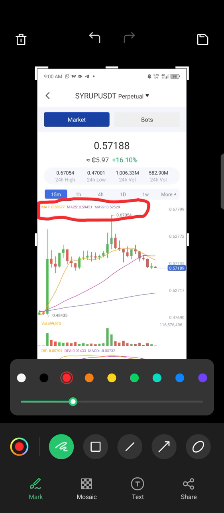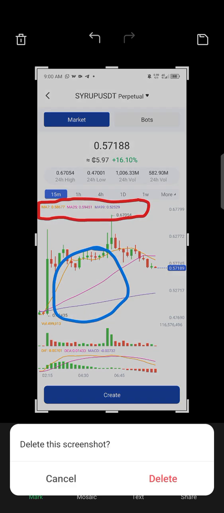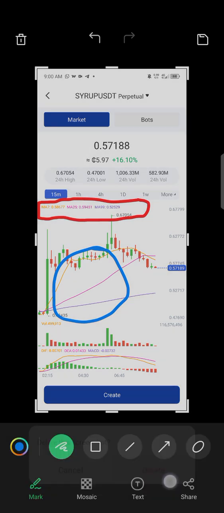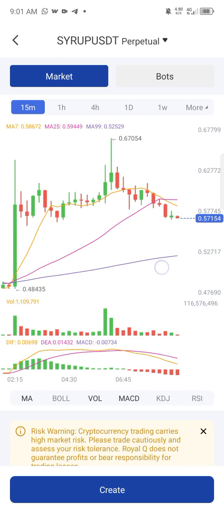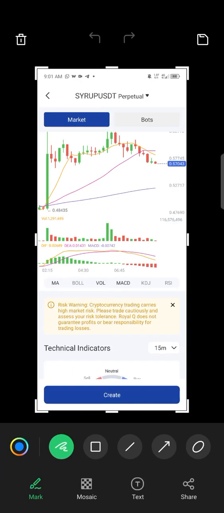In the chart below, you can see that we have the moving average. In case you are not seeing these lines here, it means that maybe you are not using the moving average. You have to come back to this place where the indicators are. This is the area for the indicators on Royal Kill.